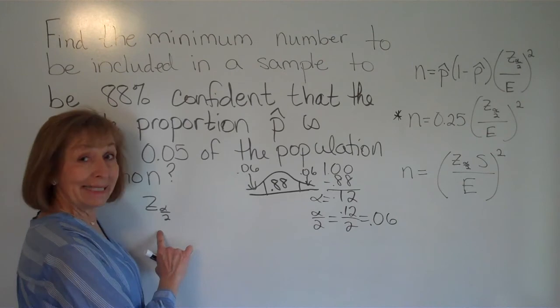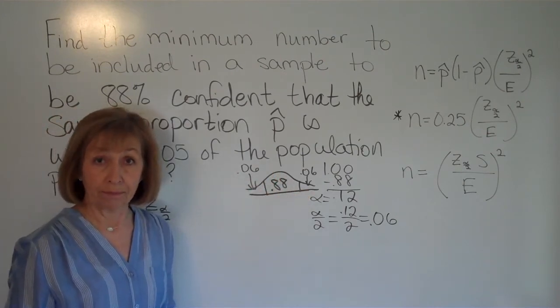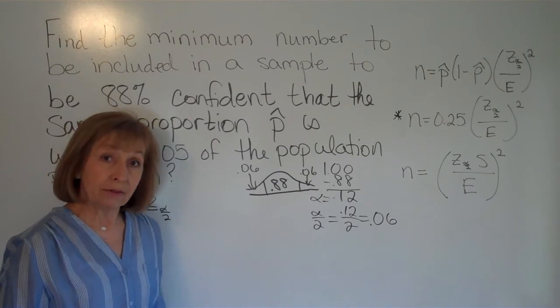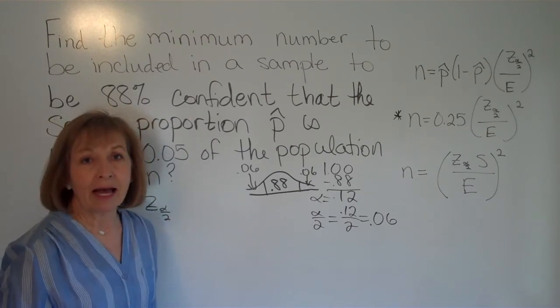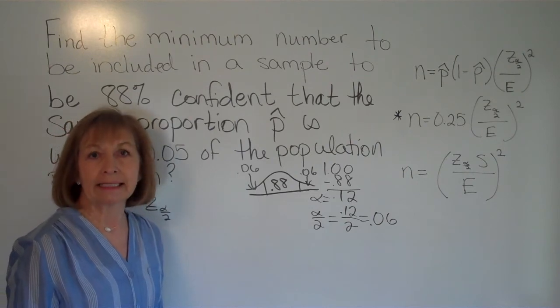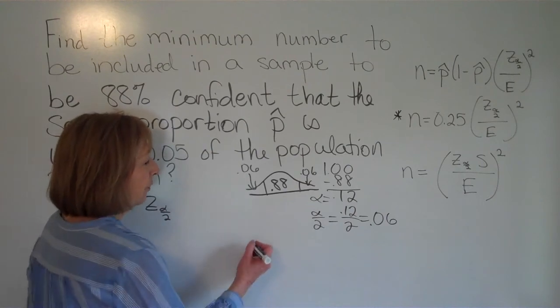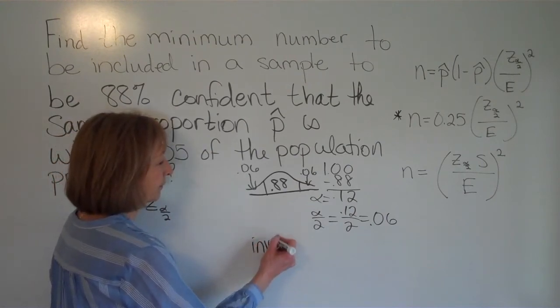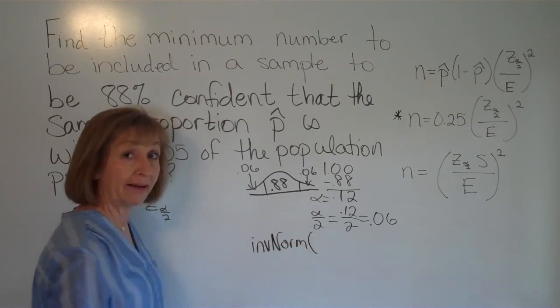Now, to get the z-score, when we know the area, we need to use the inverse norm. Or we can look up information on a table. This video is going to center on using the inverse norm from a TI-83 or TI-84 calculator. So, inverse norm is the operation we're going to do to find the z-score if we have the area.